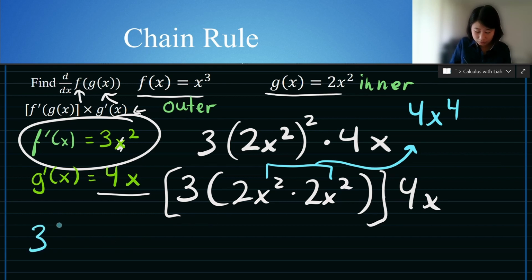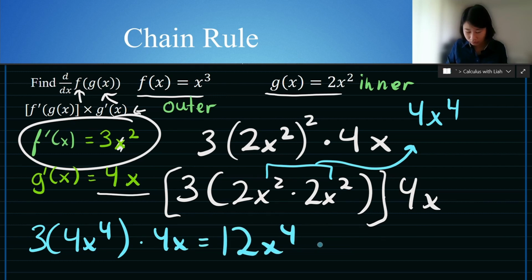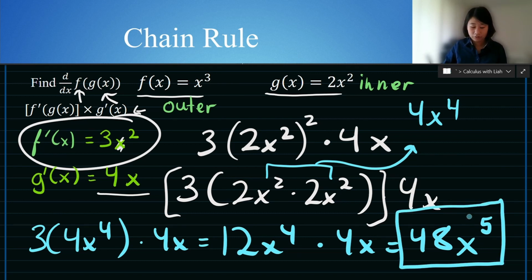And so 3 times 4x to the 4 times 4x is going to be equal to 12x to the 4 times 4x, which is going to be 48x to the 5th. All right, and so this is going to be the answer for the derivative of the composite function.